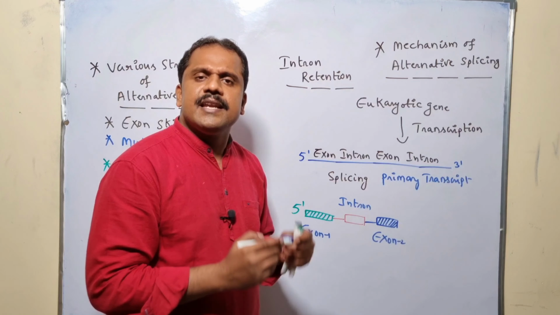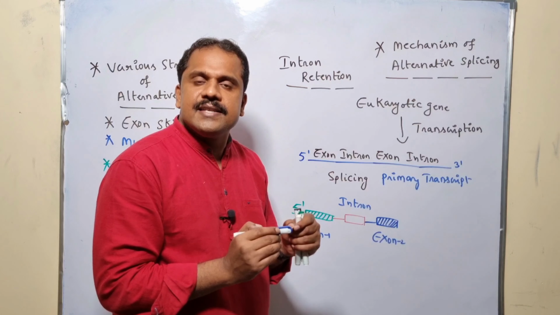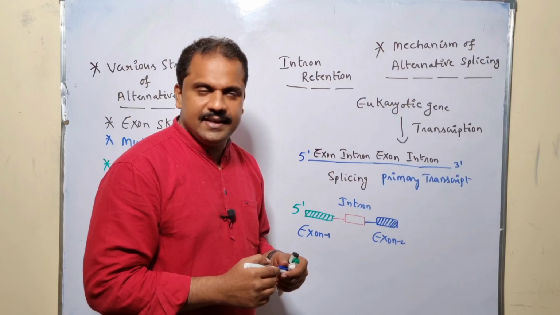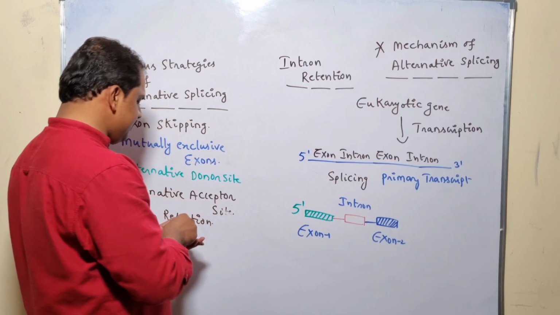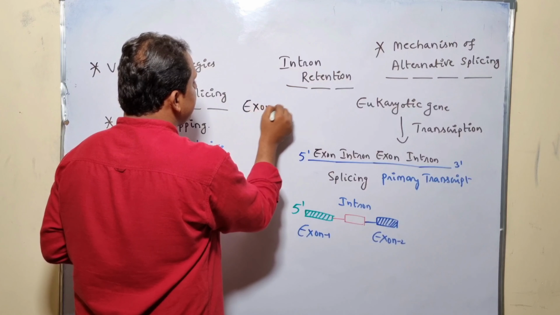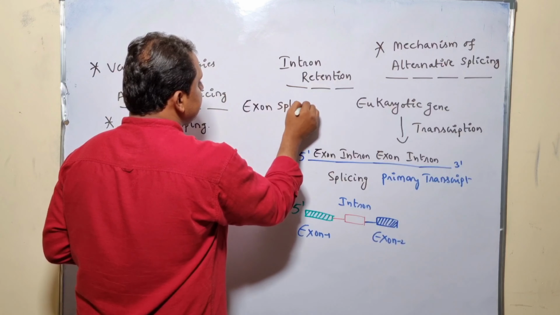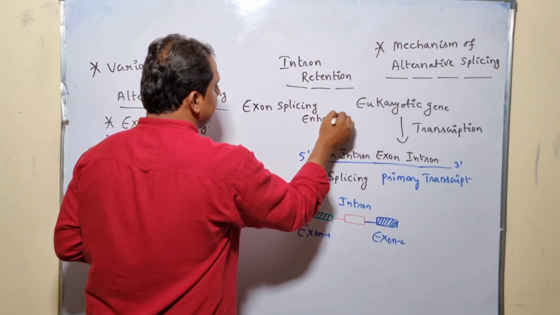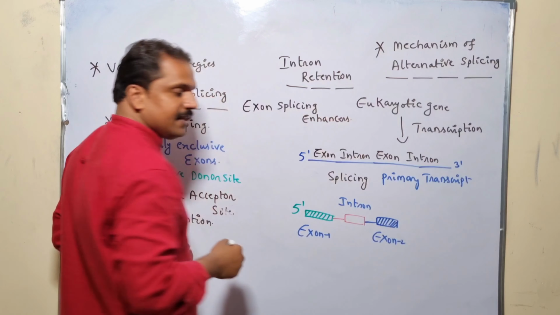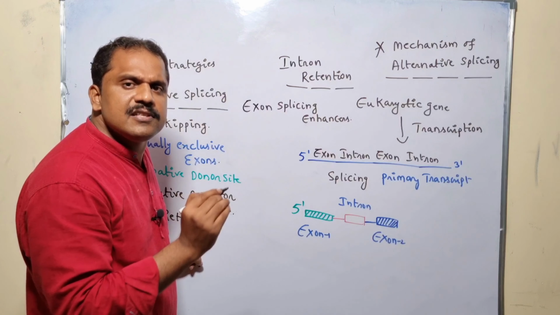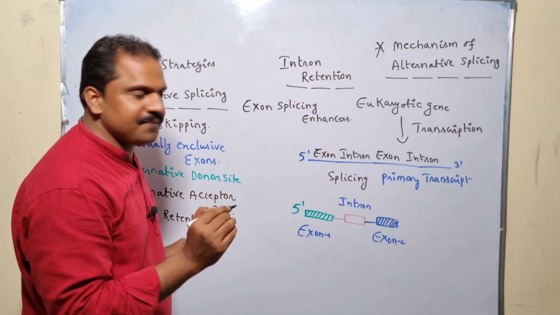So here, in order to organize the alternative splicing mechanism in case of higher eukaryotes, there is a requirement of certain factors, and these factors are nothing but what? Exon splicing enhancers. Is it clear? So let me write it here. What are those? Exon splicing enhancers. Is it clear? Exon splicing enhancers, and the other one is exon splicing silencers.